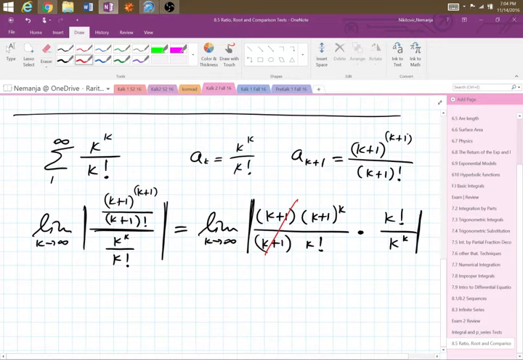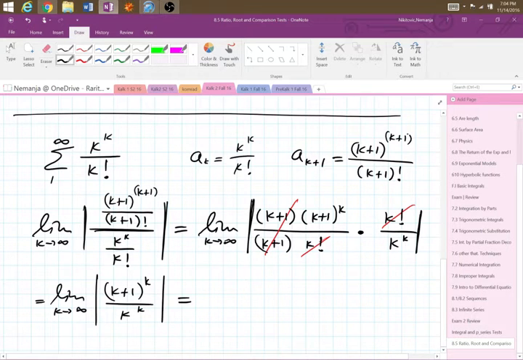Now these guys cancel, and then we have these guys cancel as well. Leaving us with the limit as k goes to infinity of k plus 1 to the k divided by k to the k, in absolute values. What now?